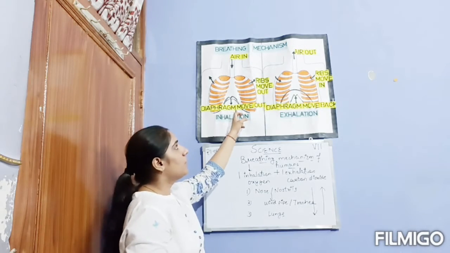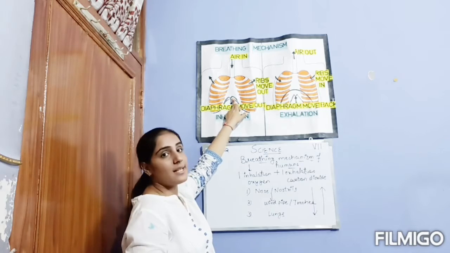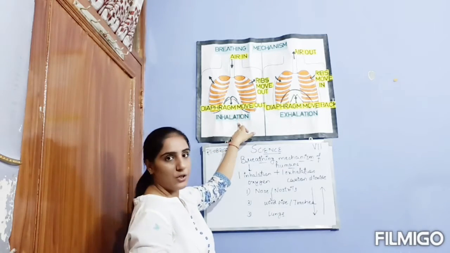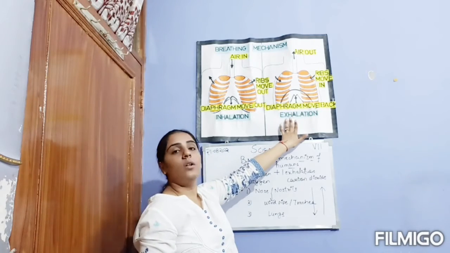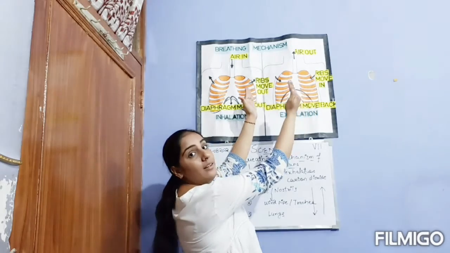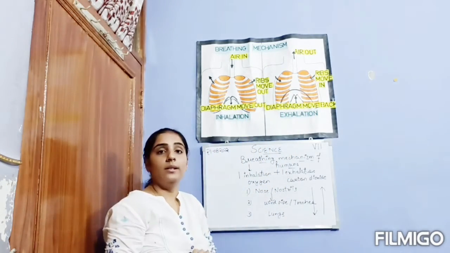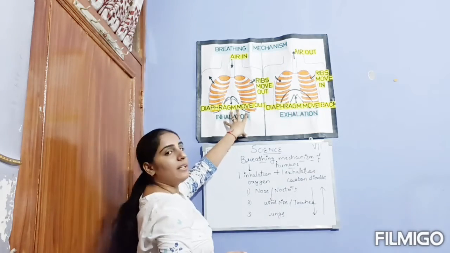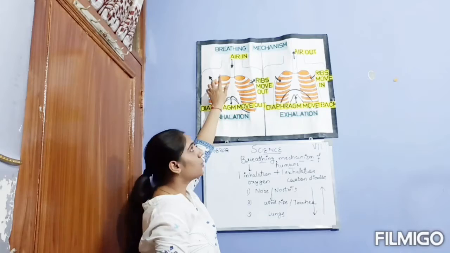If we observe these two lungs, we will find that the lungs on this side, during inhalation, are broader than the lungs on this side, during exhalation, which are a bit less broad in size. If we look at this part carefully, the air is coming inside the lungs through the trachea.